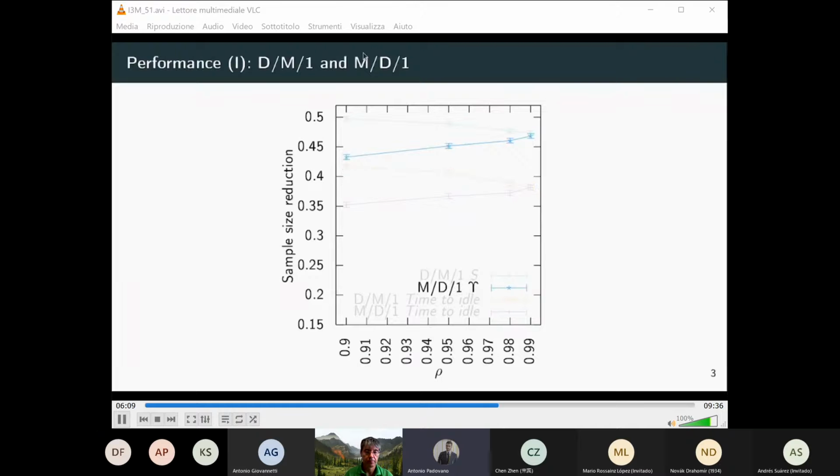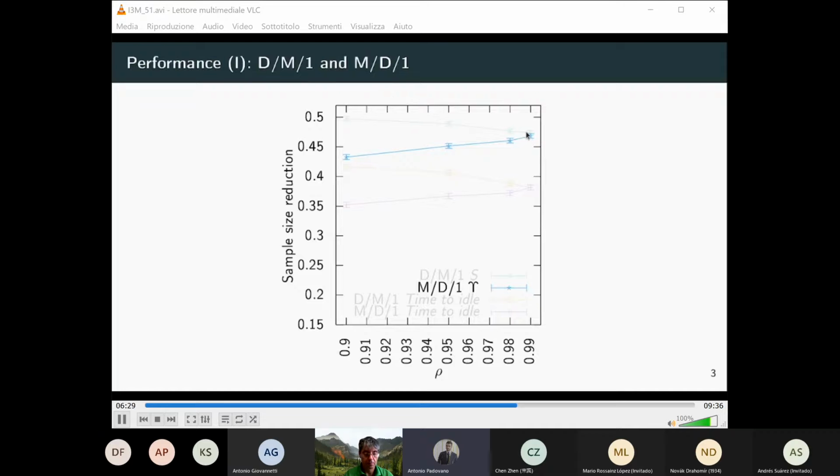In the case of the MD1 system, that is inter-arrival times exponentially distributed, constant service times, we see something similar to the service time in the DM1 case.